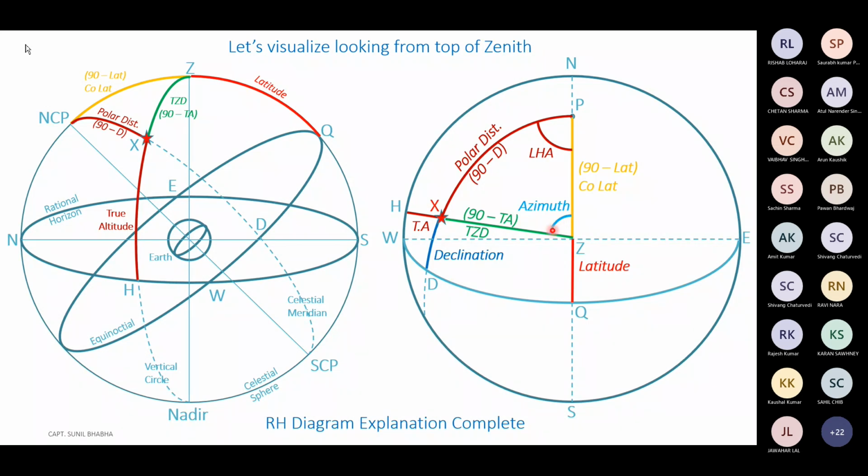So we have identified angle Z in this triangle. These are the two angles which we can find out in this PZX triangle. Two angles have been identified and all the three sides have been identified. Now the only unknown item, which we are not interested in, is angle X. This is the angle at the celestial body. We do not use this angle in our calculations, nor can we find it from this diagram.